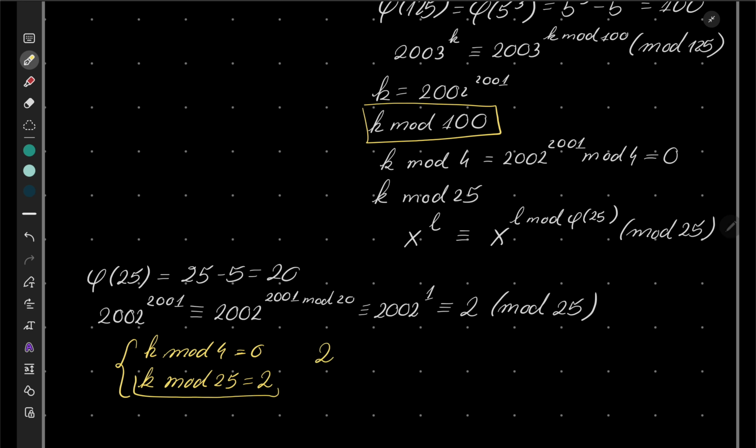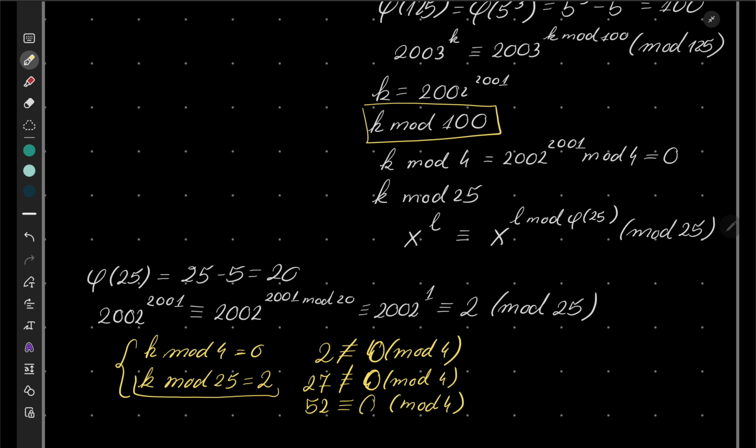Well, 2 itself is congruent to 2, but 2 is not congruent to 0 modulo 4, so no good. Which other number is congruent to 2? 27. 27 is congruent to 2 modulo 25, but again it's not congruent to 0. And the third number is 52, and in fact it is congruent to 0 modulo 4.